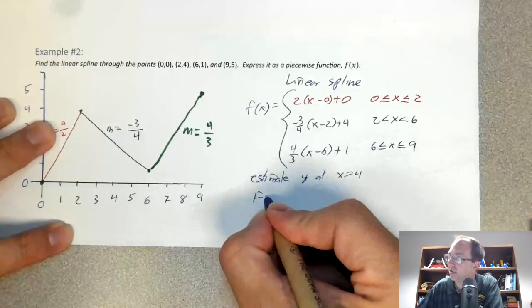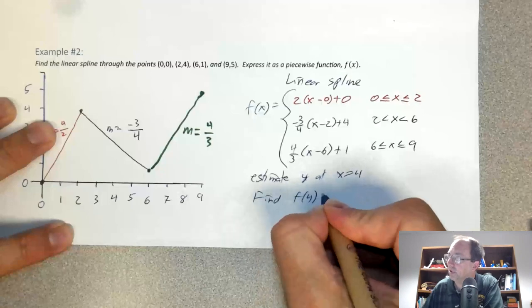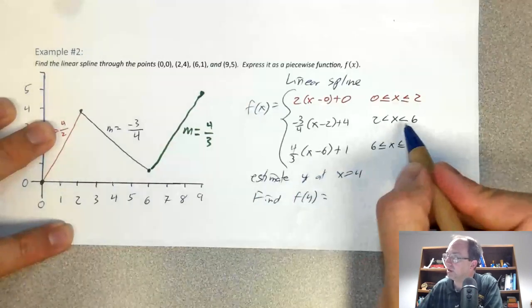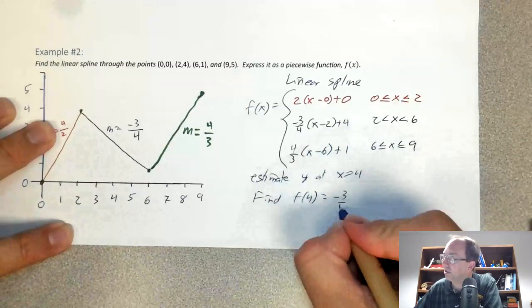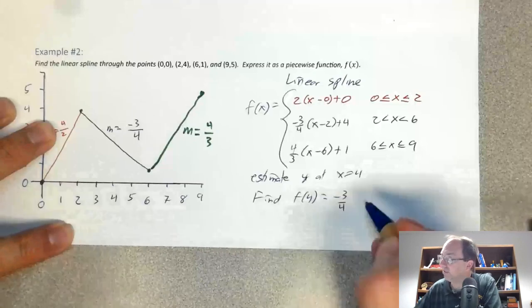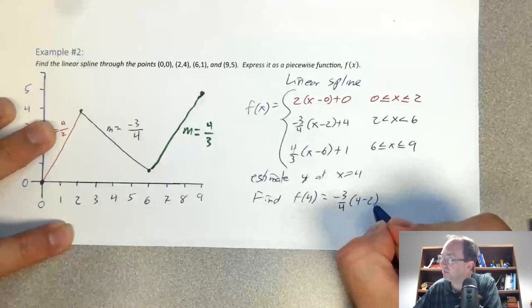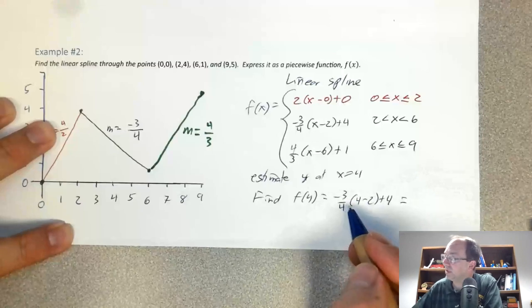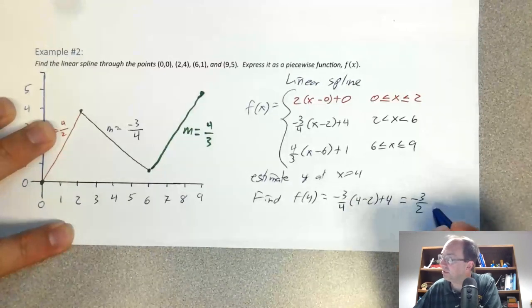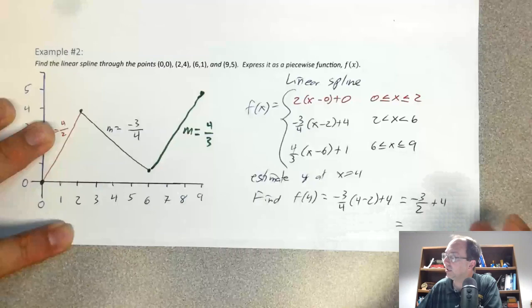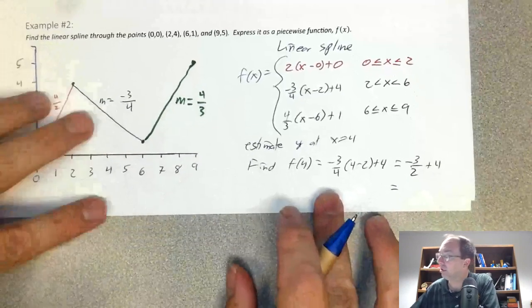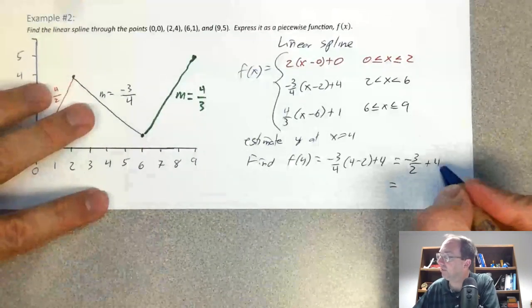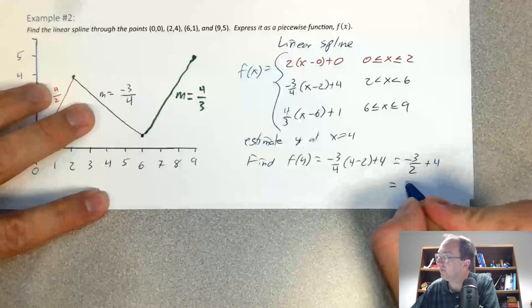I just find f of 4, which of course is going to correspond to this point right here. So this function, negative 3/4 times (4 minus 2) plus 4. Or what's the same thing, negative 3/2 plus 4. And then that works out to 4 is 8/2, so 5/2.